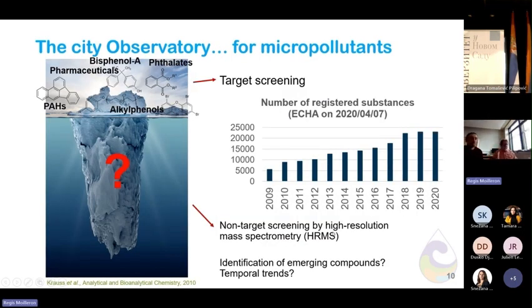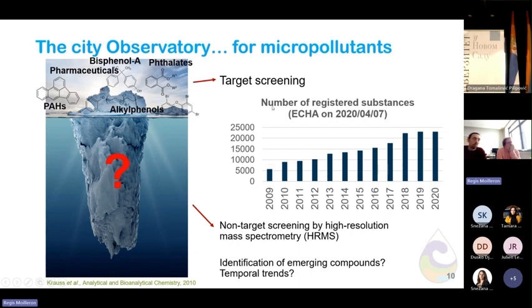Yes, so in addition to target screening, which targets families of compounds that are known, the goal of non-target screening is to analyze most of the compounds that can be detected by our instruments, by high-resolution mass spectrometry. And this is quite important because there is an increasing number of substances on the market and registered.